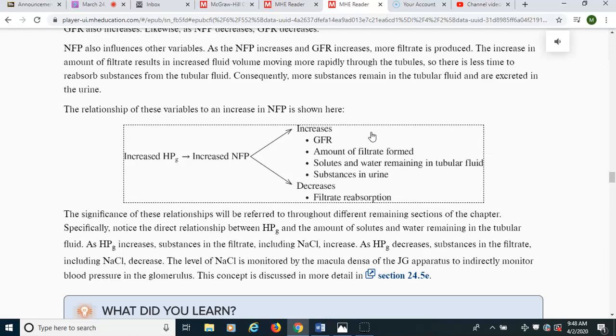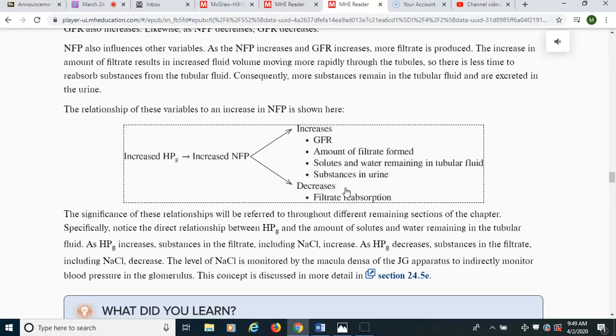They're going to remain there and go into the urine. So we'll get a lot more things in the urine, substances that we actually wanted to keep in the body. And then if we have a decrease in our glomerular filtration rate, then we're going to have the buildup of waste products in the blood, and our filtrate reabsorption will decrease as well. We won't have as much to reabsorb.